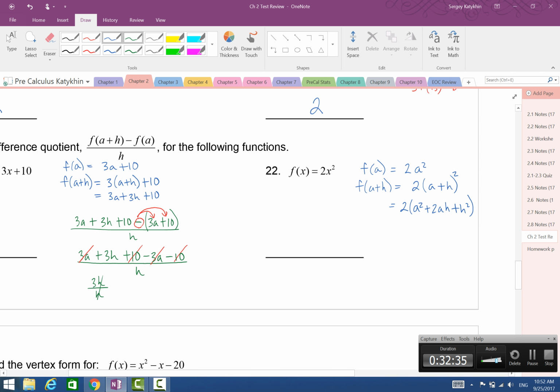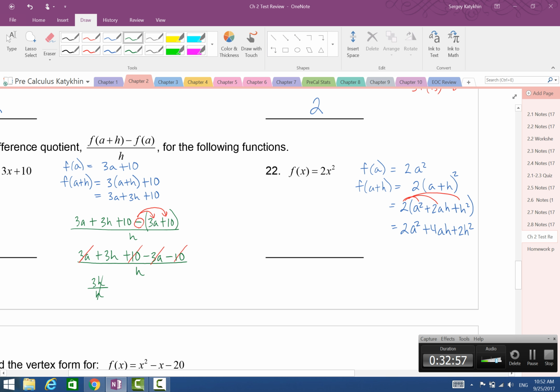Distribute the 2. That's what you should do next. And you get 2a squared plus 4ah plus 2h squared. Remember, subtract them.